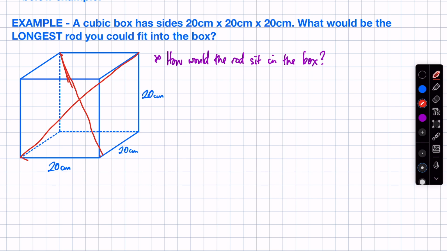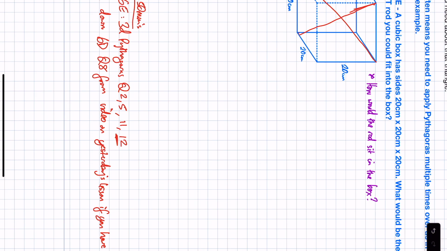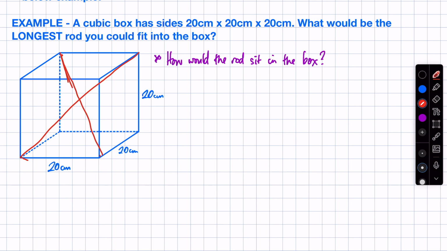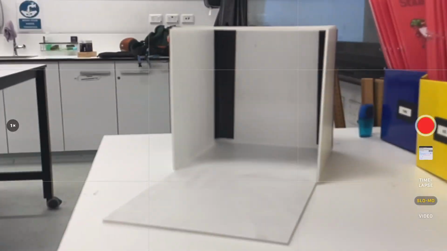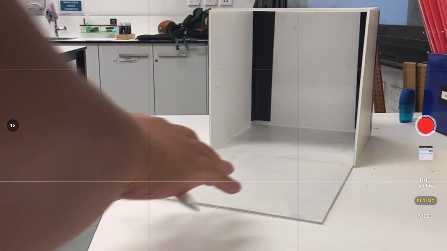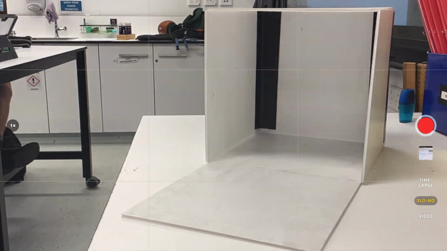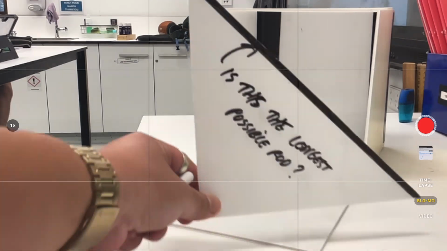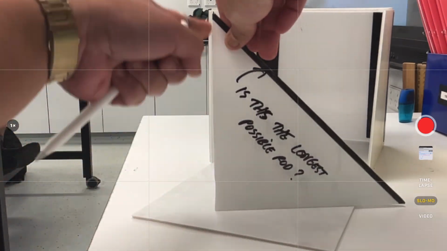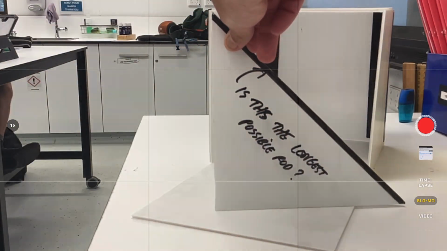Let me prove it to you as well. I made the box. There it is. That's the 20 by 20. Okay. This is this triangle here. 20 up, 20 across.